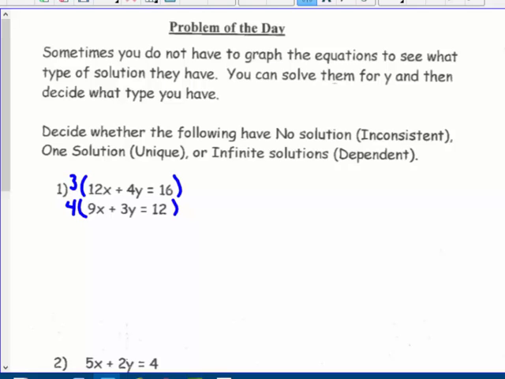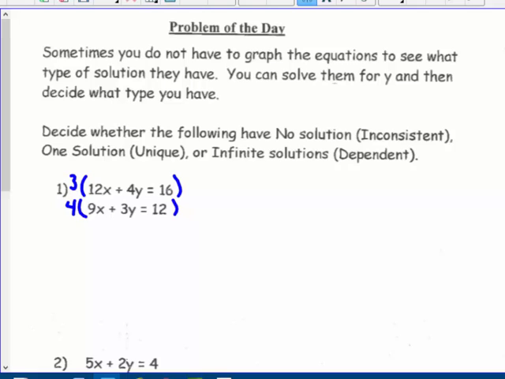See what happens when you do that in number 1. I started it for you. I would also like you to do number 2 and 3, and we will go over this in class. So you're answering, does it have no solution, one solution, or infinite solutions?